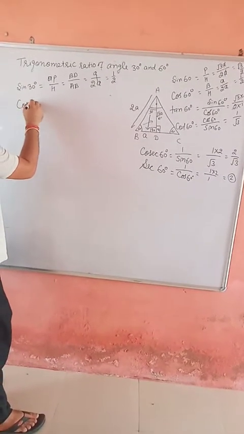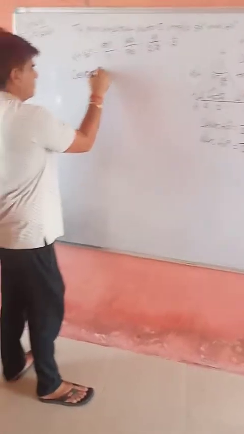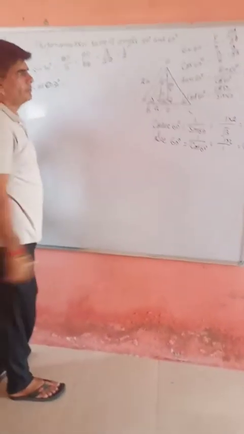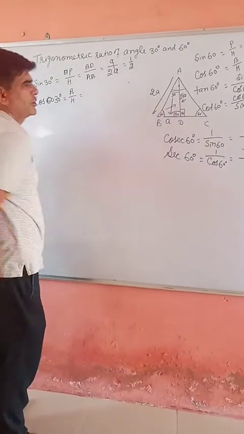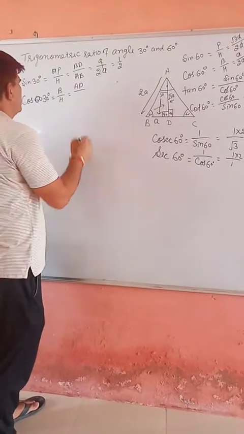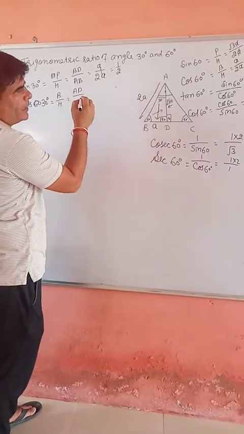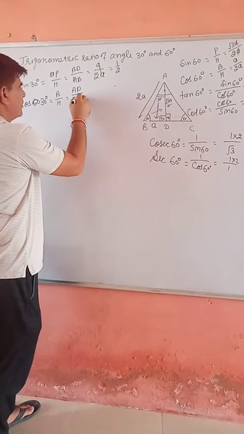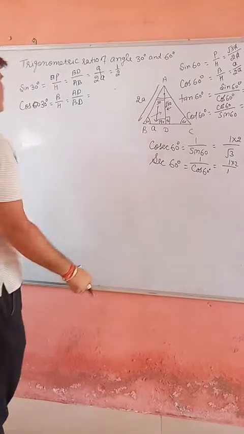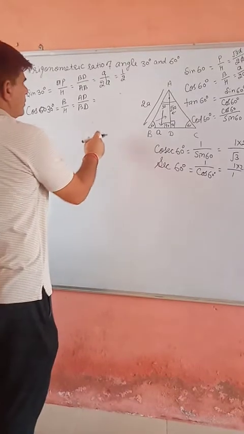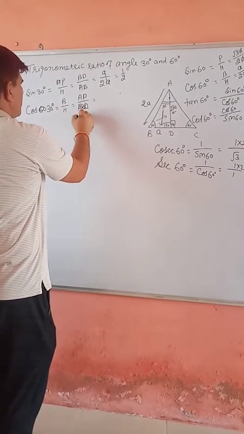Cos of 30 degrees. Cos is base by hypotenuse. Base is AD. AD by what? AB. Understood?